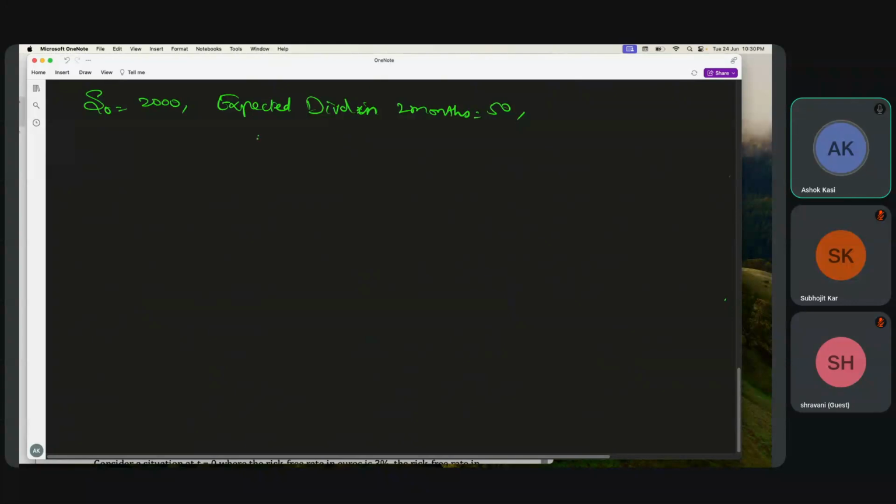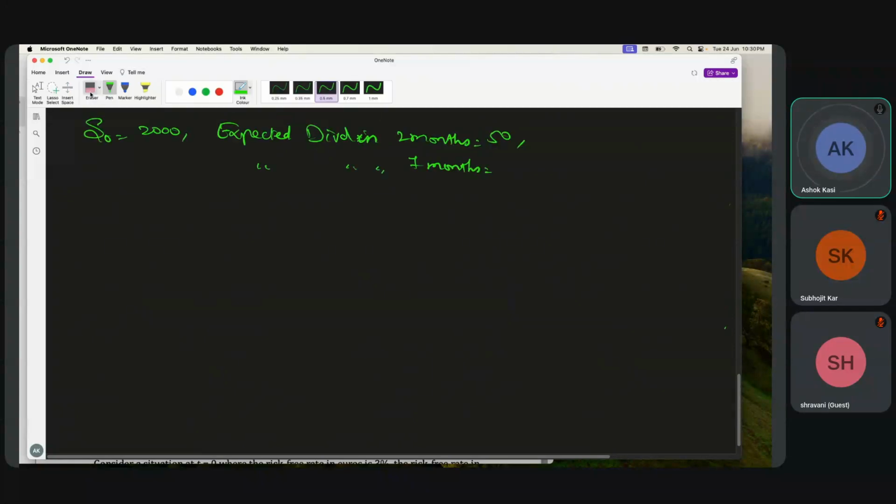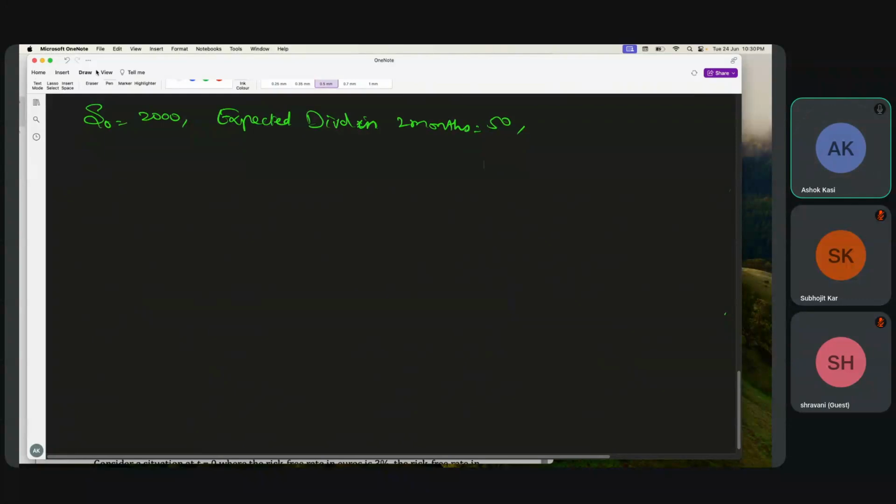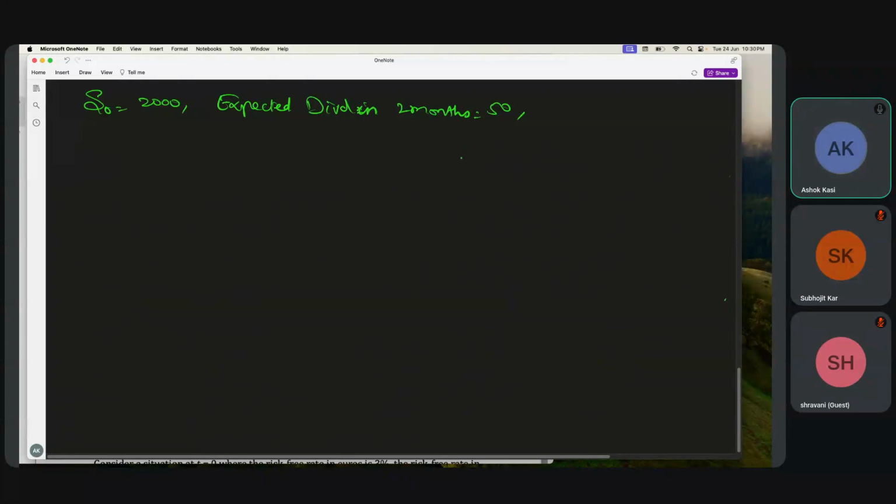Only 2 months is enough. Risk-free rate is 10% per annum.